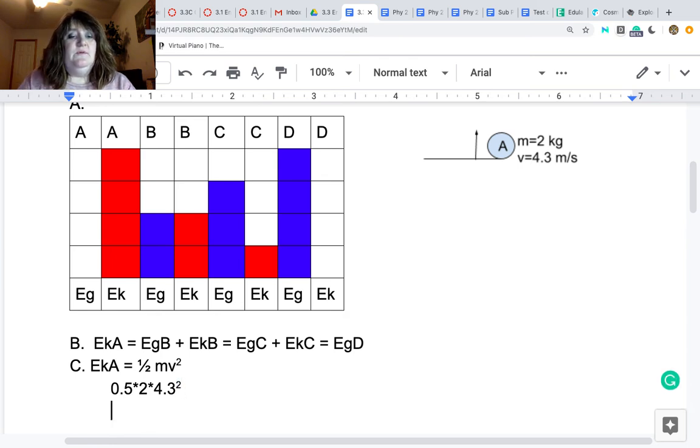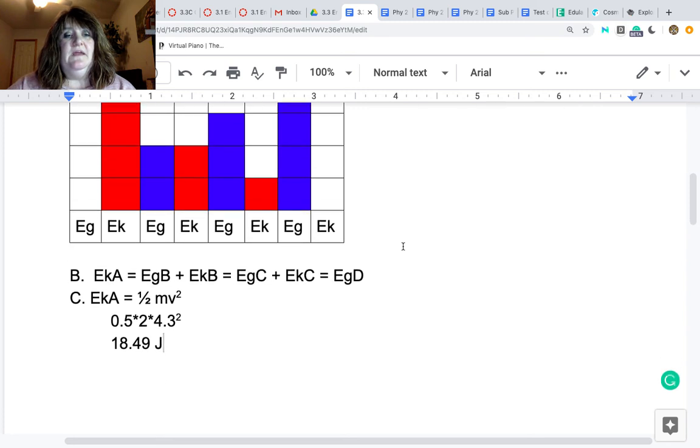And if you grab your handy dandy calculator, that will equal 18.49 joules of energy. 18.49 joules of energy.